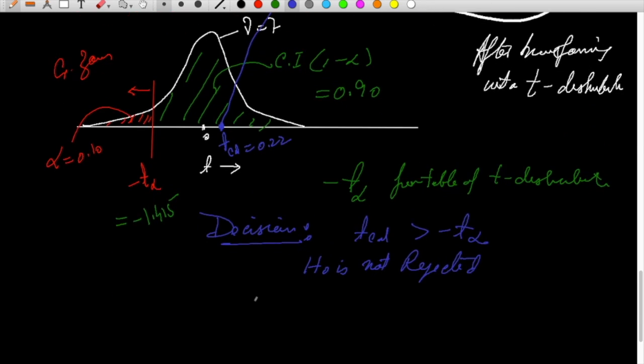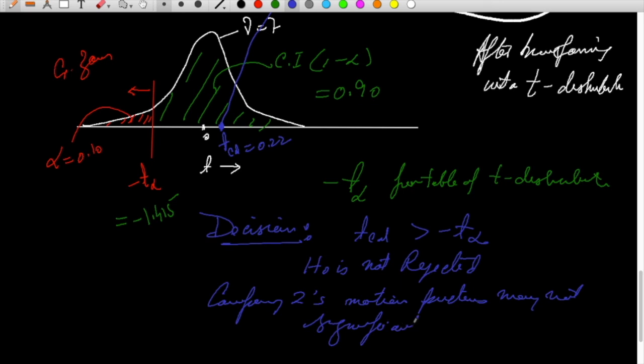If H0 is not rejected, it means that the company whose motion pictures may not significantly take 10 minutes more than the other company.